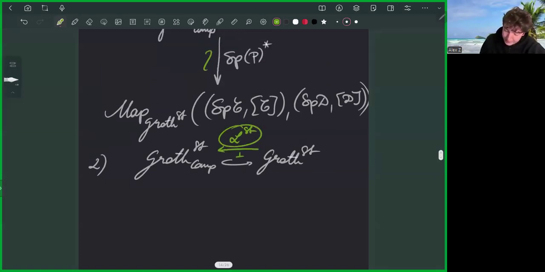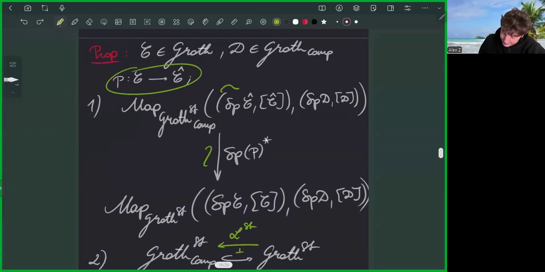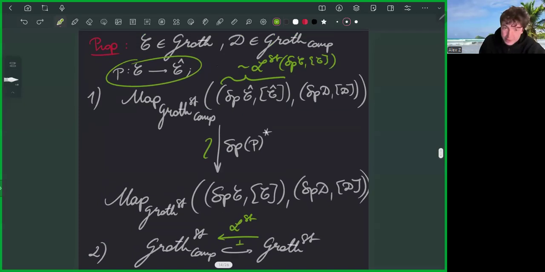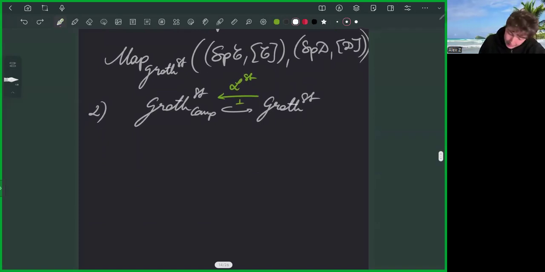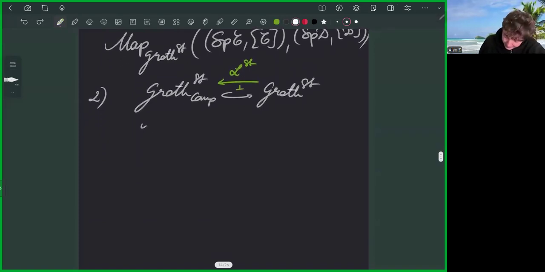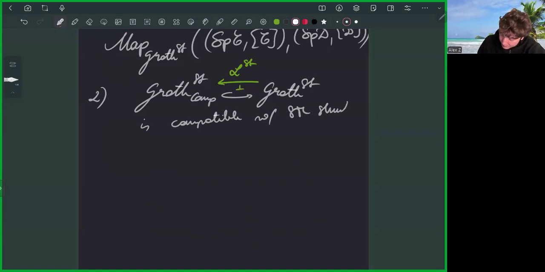The existence of this is justified by LST of SP C being this thing here, which is by definition what this is. So I'll just leave it there for you to see. This is the left adjoint, and this follows from one. The statement is that this left adjoint is compatible with the symmetric monoidal structure on Groth ST.